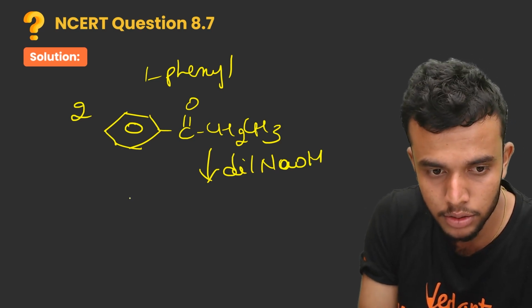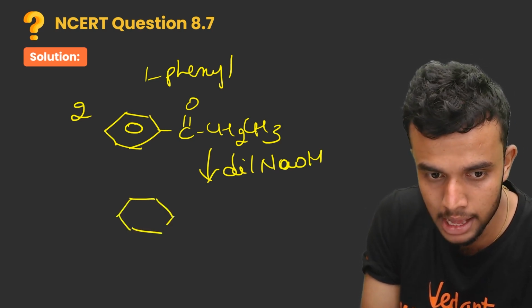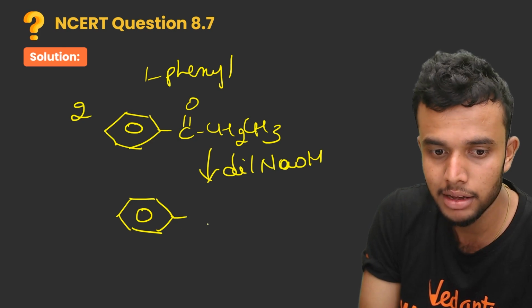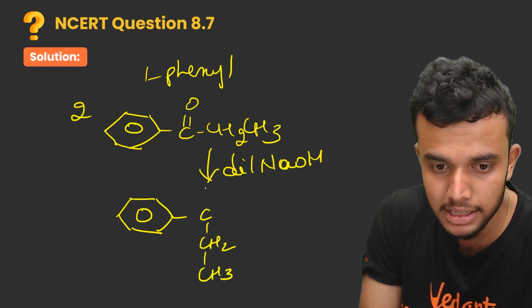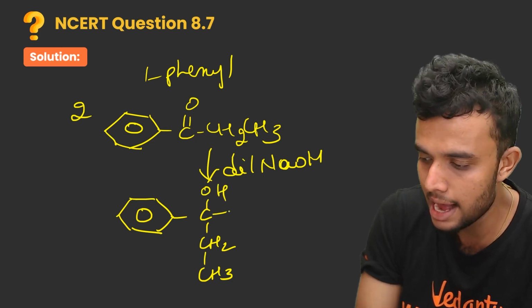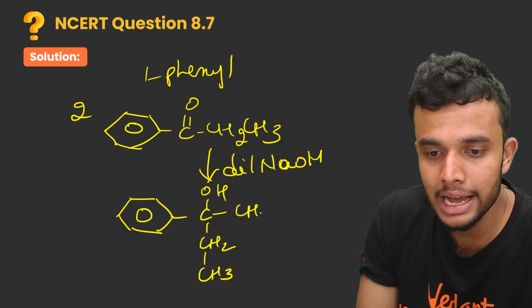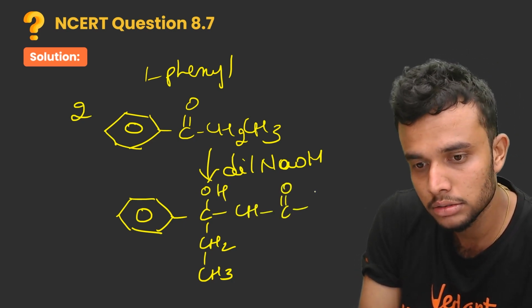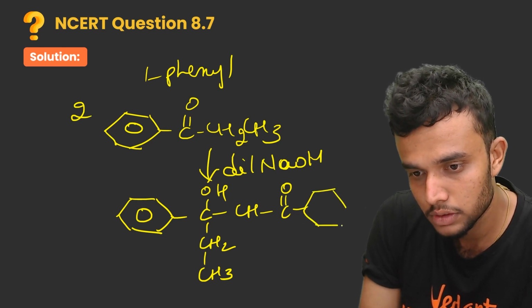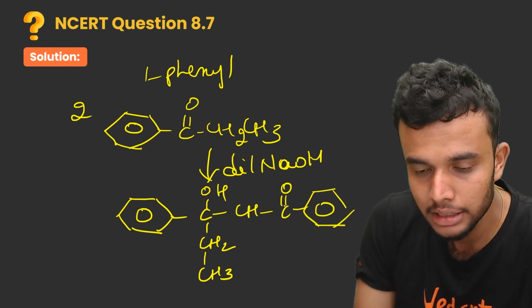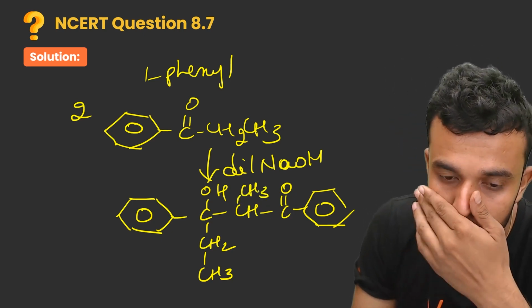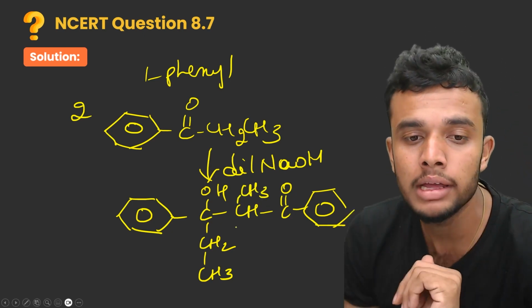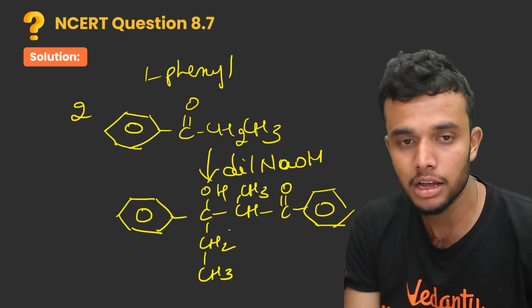It yields 3-hydroxy compound, with CH2, CH3, and CHOH, CH, C double bond O, this one, right? Right, students? Here another one, the CH3 group is missing. An H2O molecule gets removed in the condensation process. This is the compound, right?